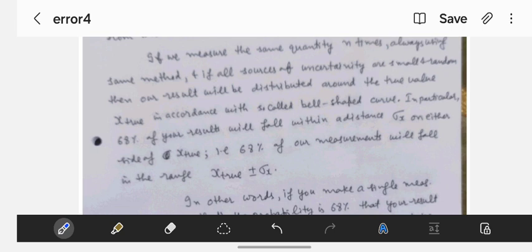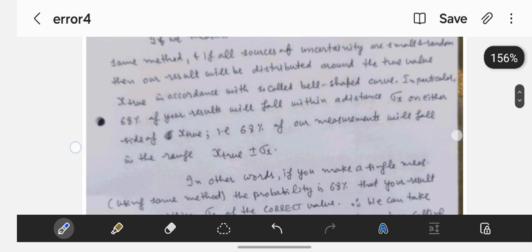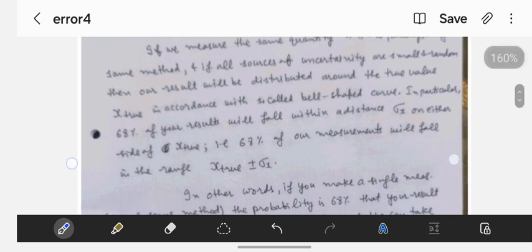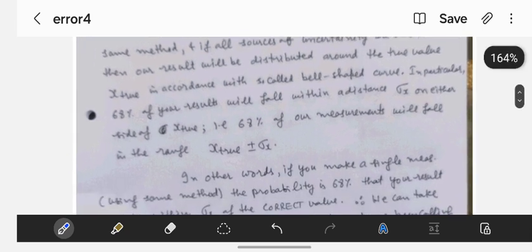Not that different, they are somewhere near the true value, but all the time you will get different results for the same quantity. That's why we calculate error actually. So our result will be distributed around the true value x true in accordance with the so-called bell-shaped curve. So we will get a bell-shaped curve. The bell-shaped curve is like this.